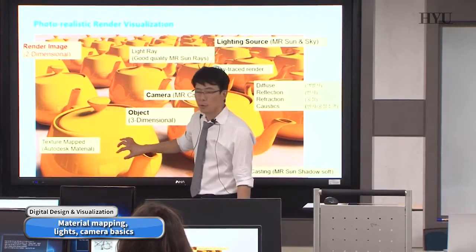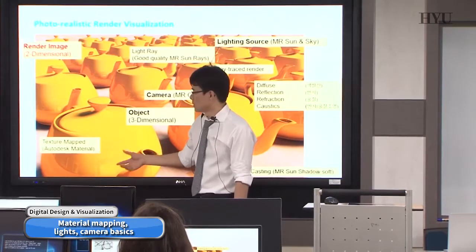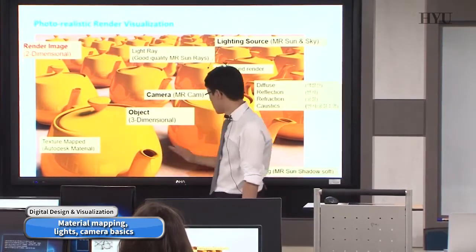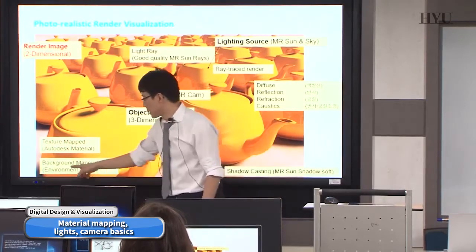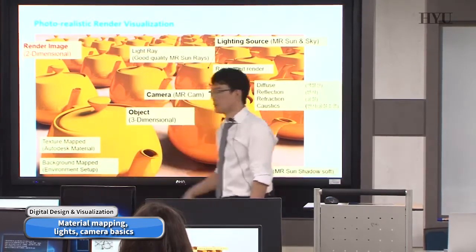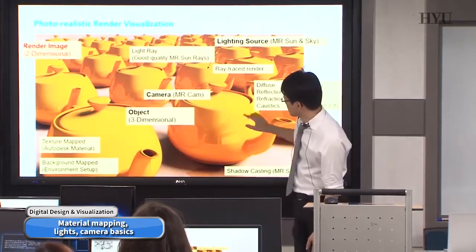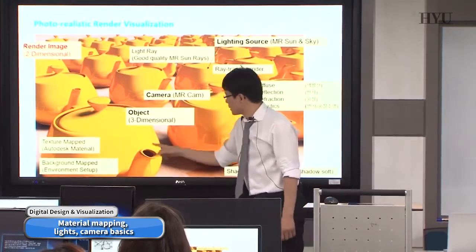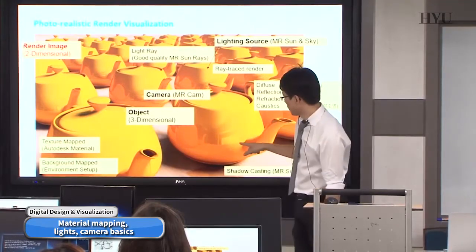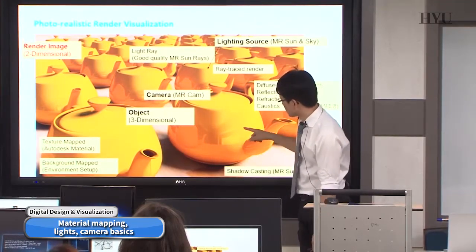Texture map, yellow colored reflective glossy texture map, as well as wood floor texture map. And also another one, background mapping, environment setup. Okay, take a look at this reflection. There is another teapot reflected from this one, okay? And take a look. This is floor. What is this?